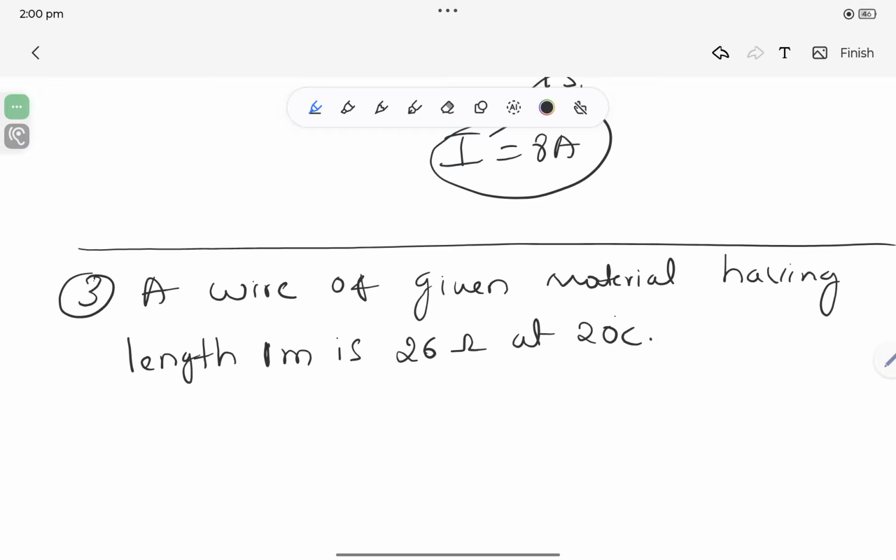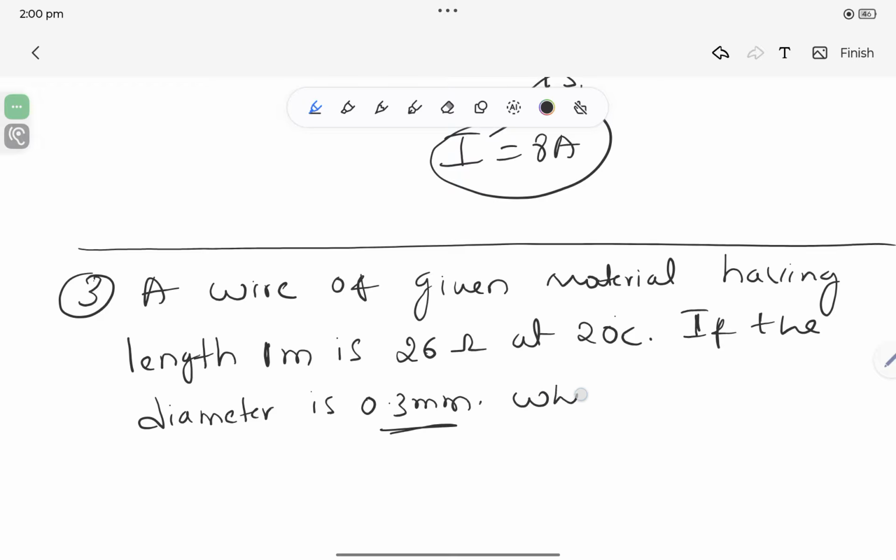If the diameter of the wire is 0.3 mm. While solving this type of question, you have to take care about SI units.